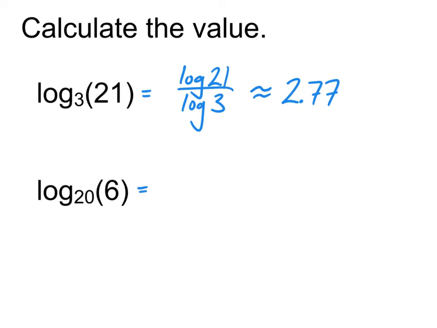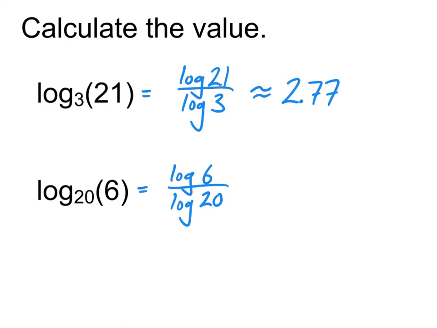So we're going to calculate this one, and it's going to work the same way, where in order to calculate this value, I have to actually use that change of base, which means doing log divided by log. Now, which one goes on top and which one goes on bottom? Well, the base always goes on the bottom. In this case, the base is the 20. And so the 20 goes on the bottom. And then that means the 6 is on top.